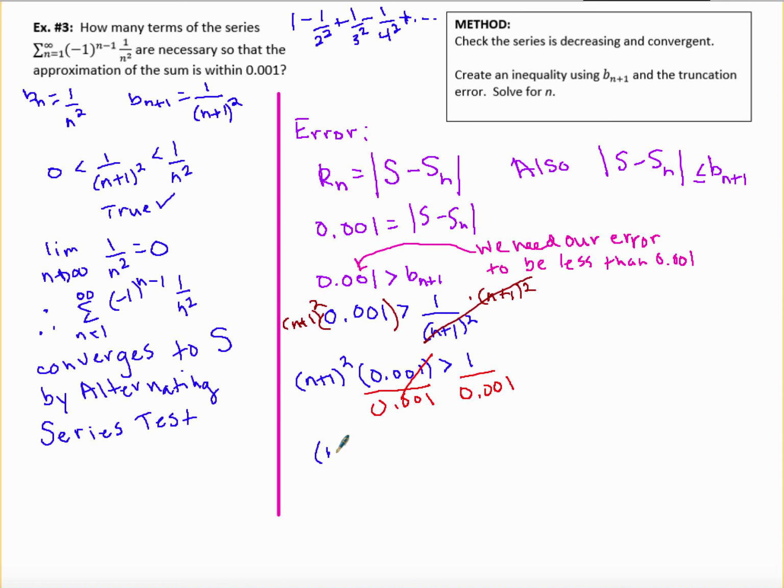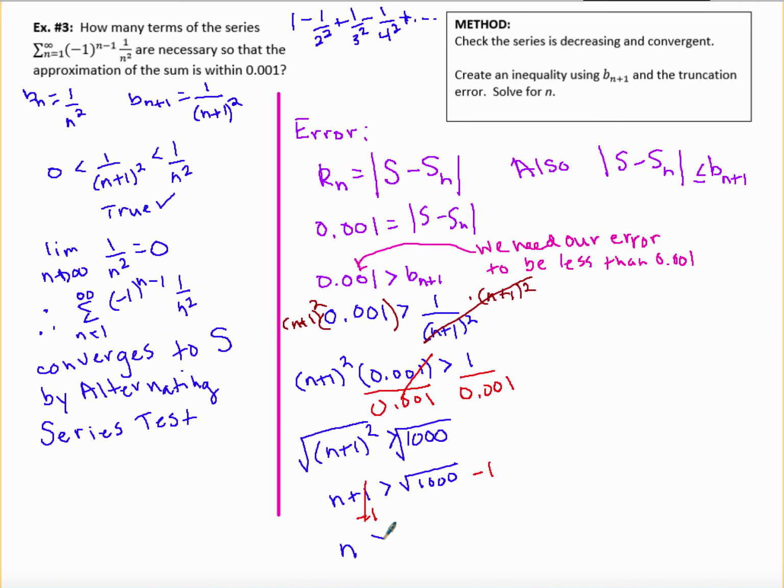And I've got n plus 1 squared is greater than, now 1 divided by 0.001 is actually 1,000, so I'm just going to use 1,000. And to solve, we're going to take the square root. So I have n plus 1 is greater than the square root of 1,000. And I'm going to subtract 1 so I can get the n alone.